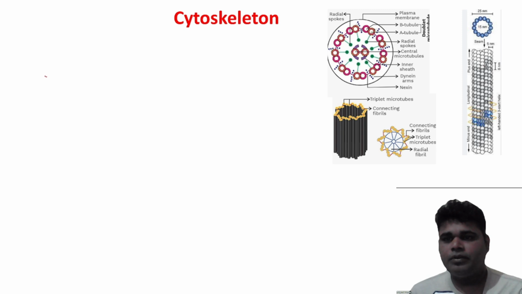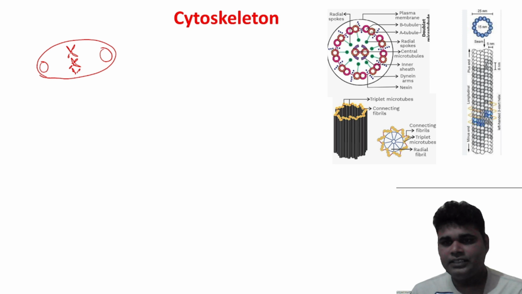For example, during cell division, in the metaphase stage, the chromosomes are present on the metaphasic plate. The spindle fibers are formed here. This structure is called the centrosome.